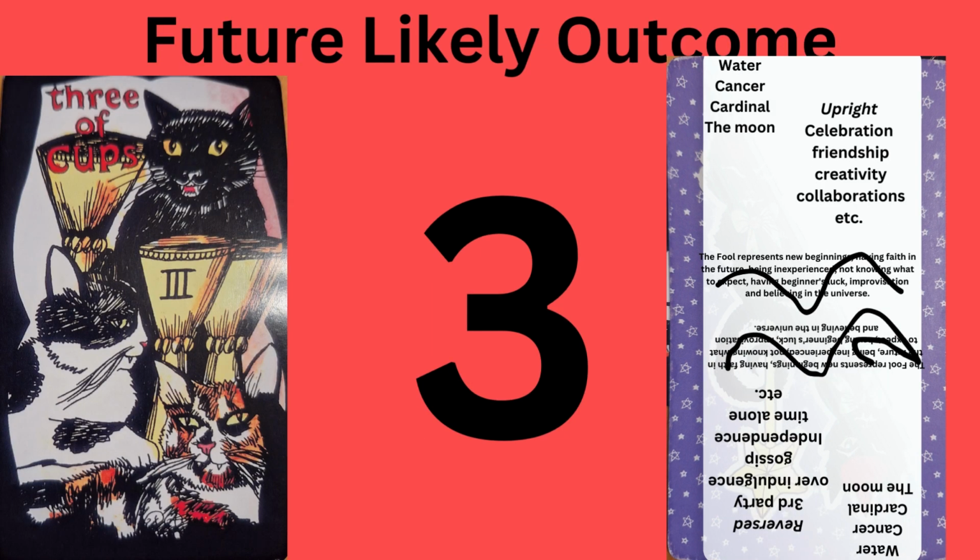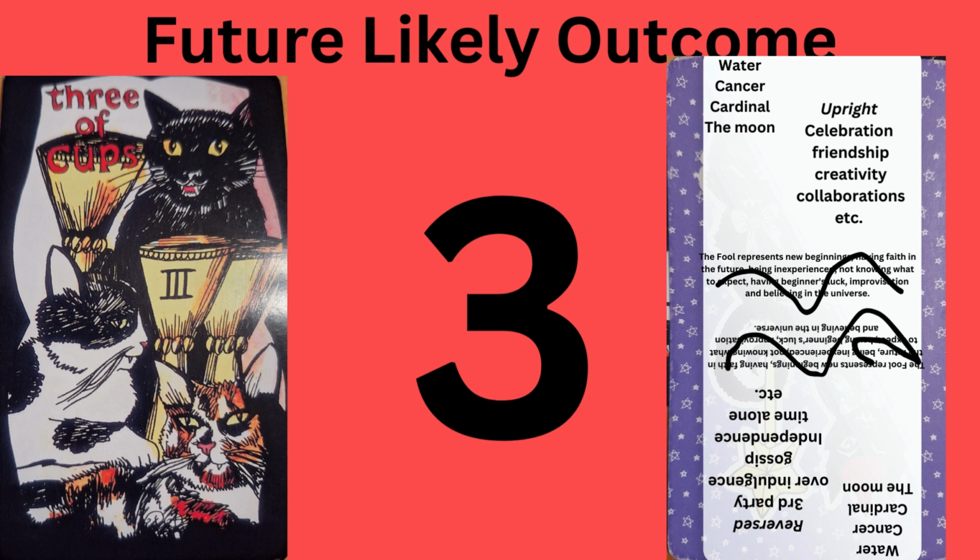In the 3 position is the future likely outcome. Like I said before, tarot does not necessarily predict the future, but what it does is show you a situation and give you a future likely outcome if you keep going the route that you choose. And all of it is changeable because why? The future is unwritten.